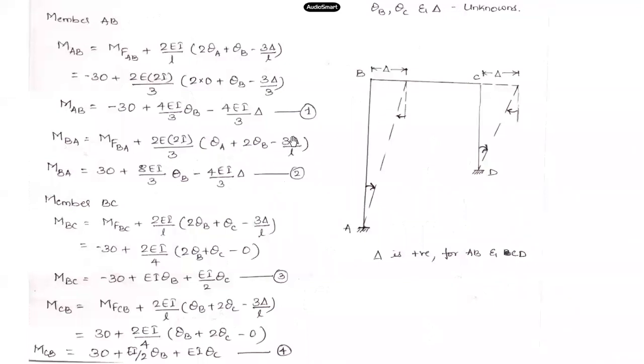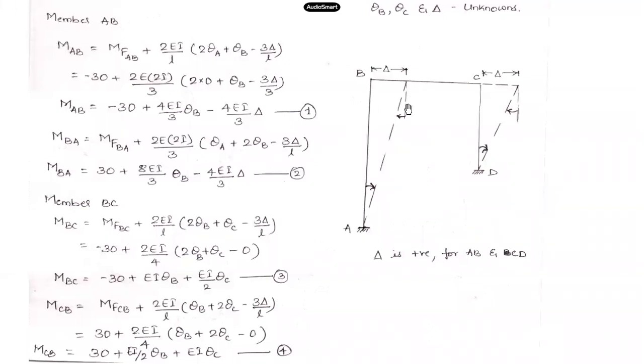Theta B is existing, so I left it as it is, unknown theta B. Identify what is the sign for delta. Now, what is the direction in which member AB is rotated about joint B? We are writing the slope deflection equation with respect to joint B now. We are at joint B.